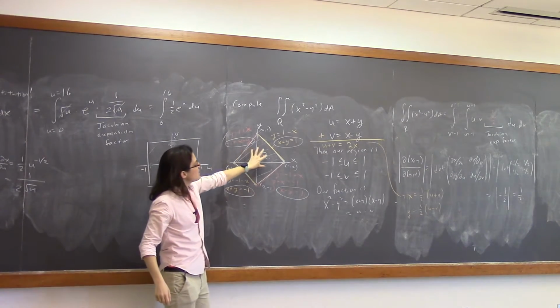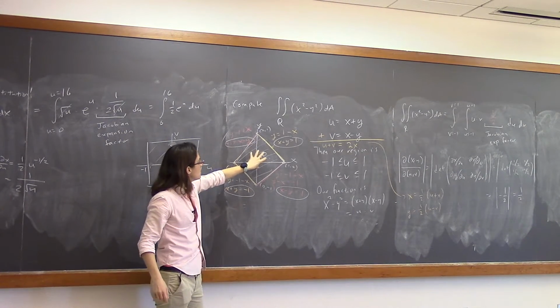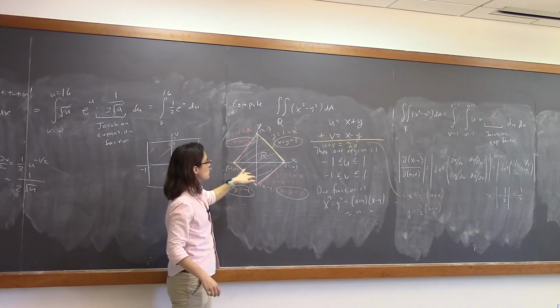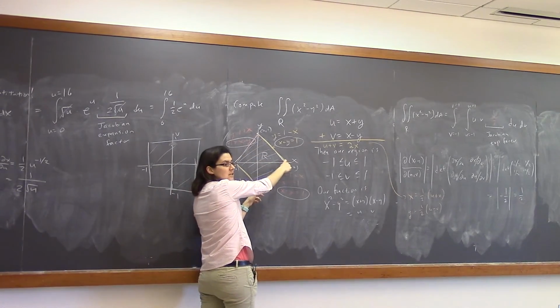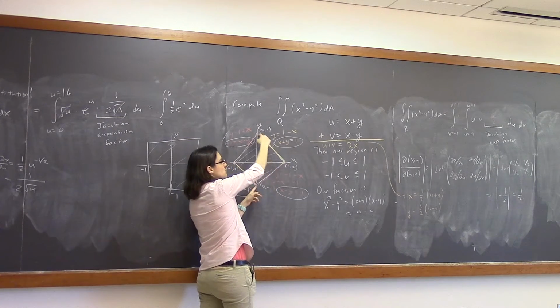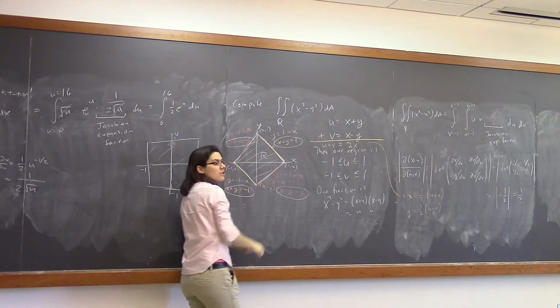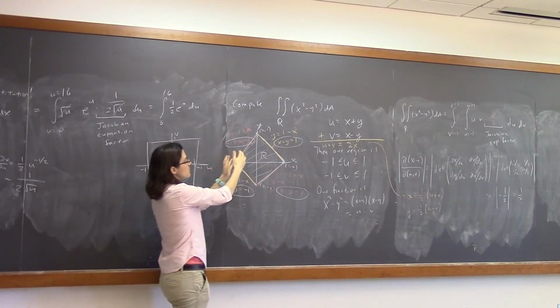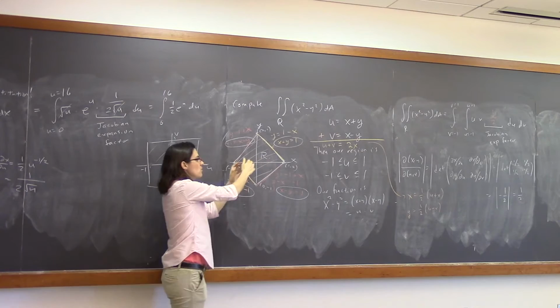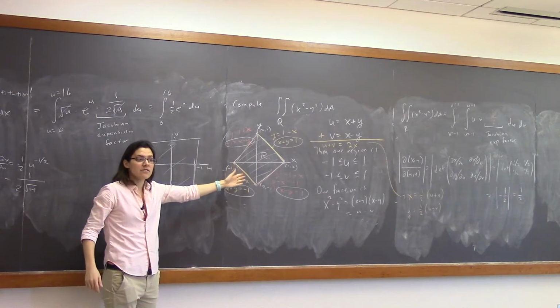But back over here, the region that we actually want, look at its area. It's also a square, a tilted square, with edge length square root of 2. So the area of this is square root of 2 times square root of 2, which is 2. So the area of the thing that we're working with is 4. The area of the thing we really want to work with is 2. So we have to multiply by 1/2.